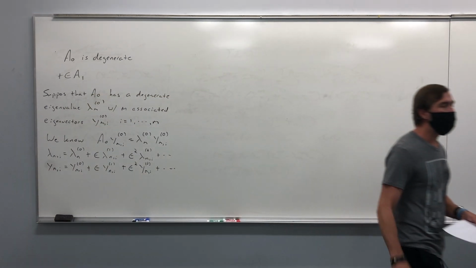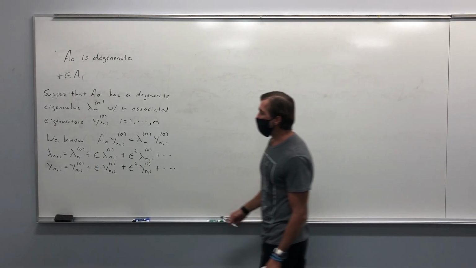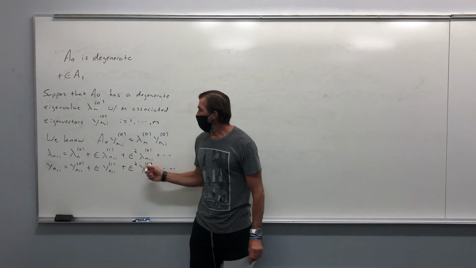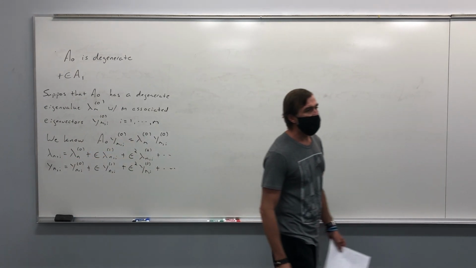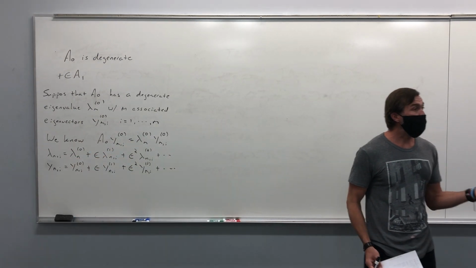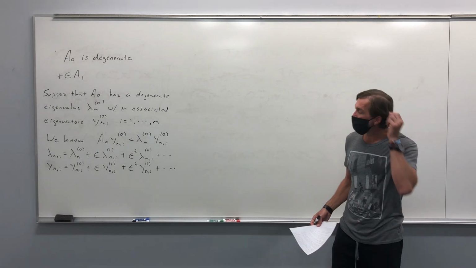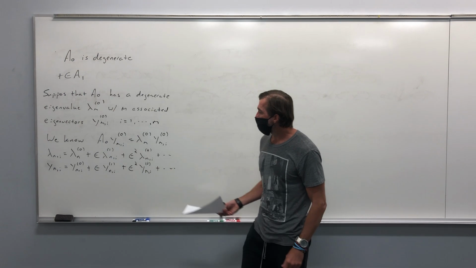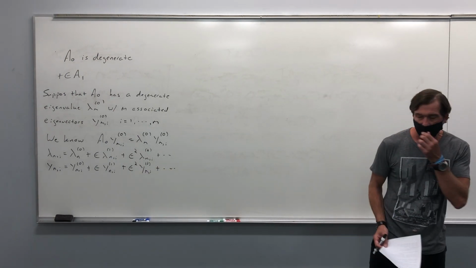So I'm going to start repeating the story that I talked about last time. I'm just going to assume that we can do a Taylor series expansion of the eigenvalues and a Taylor series expansion of the eigenvectors in terms of this small parameter epsilon. Epsilon is the thing that we're using to keep the perturbation small. So higher order terms matter less and less because they have higher powers of epsilon.